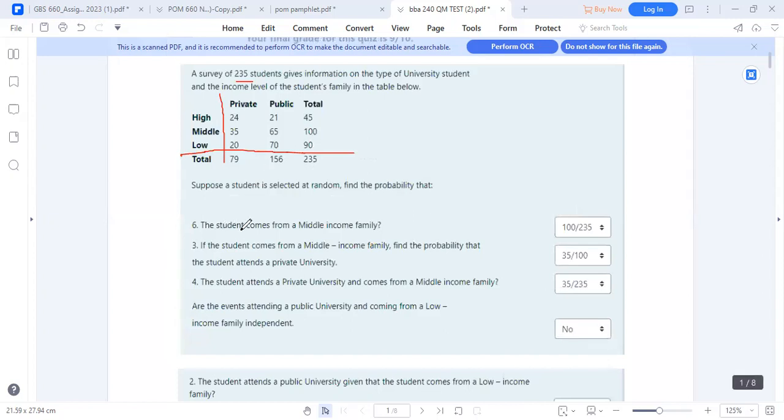So now they're asking what's the probability that the person comes from a middle income family? Middle income is 100 over what? 235. Good. Middle is 100 over 235. So this is correct.